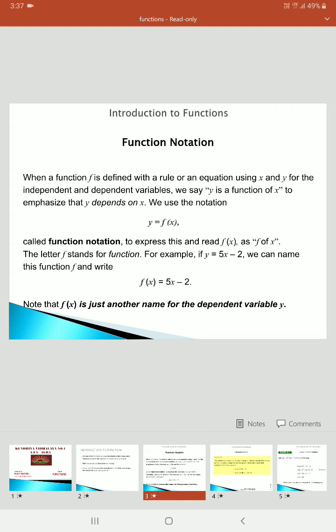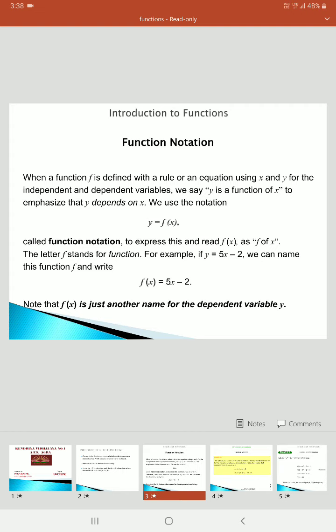We use the notation y equals f of x, called function notation, to express this and read f(x) as f of x. The letter f stands for function.